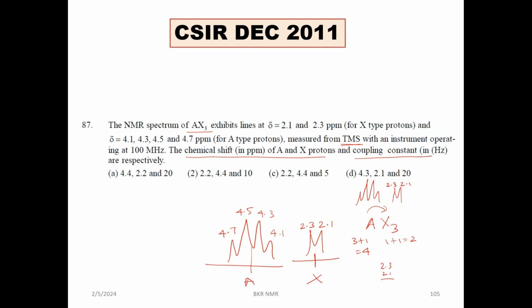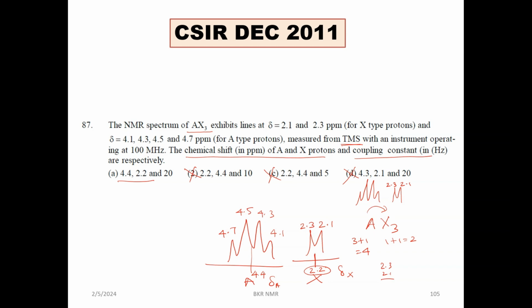The average comes around 2.2, the midpoint between 2.1 and 2.3. Therefore, that is the chemical shift of the X proton. So A is 4.4, X is 2.2. So the other options are wrong. Very easy, is it not? Just by knowing the midpoint of the multiplets, I've got the chemical shift.